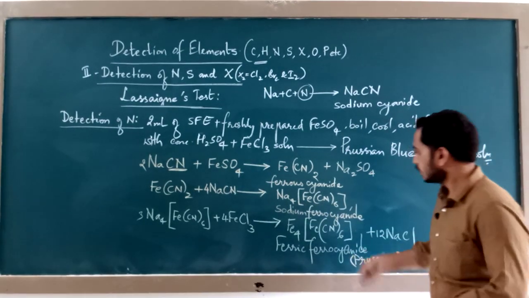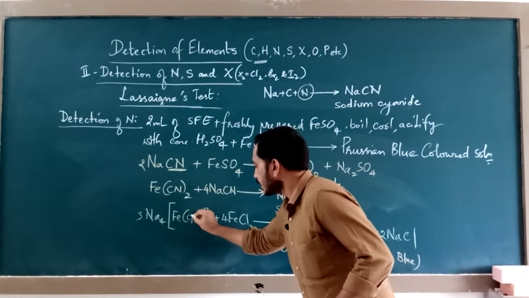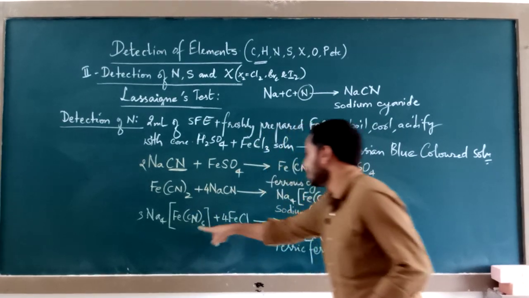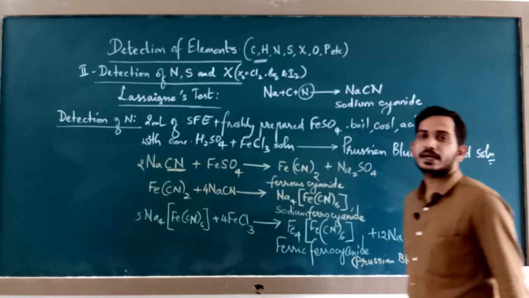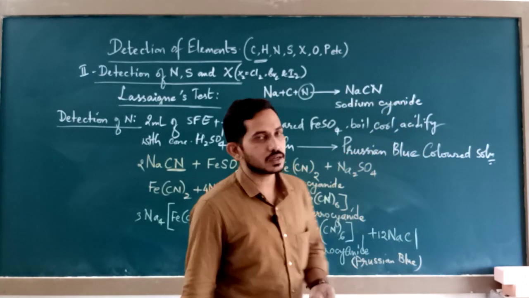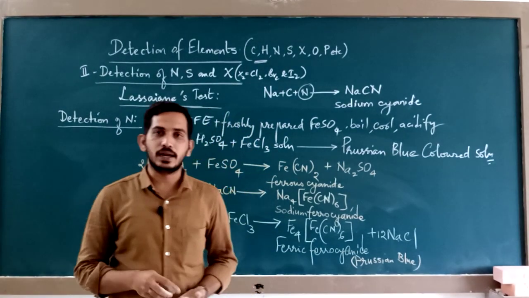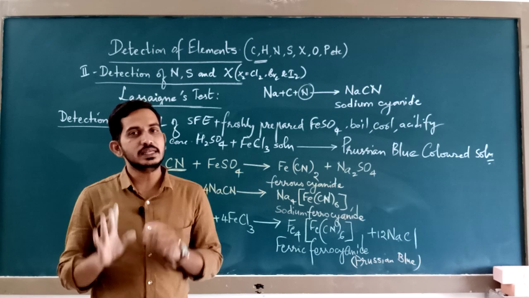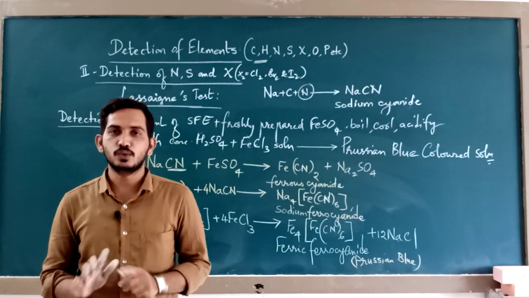Where is our nitrogen? Here. So this sodium ferrocyanide now became ferric ferrocyanide. Ferric ferrocyanide is a complex salt which gives Prussian blue or peacock blue color in the test tube. If you get this color, then it indicates the presence of nitrogen, otherwise no.